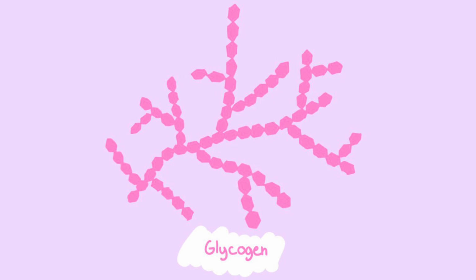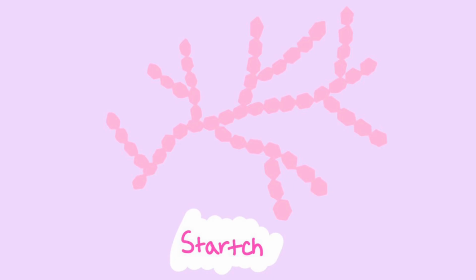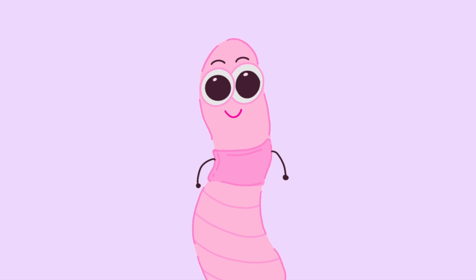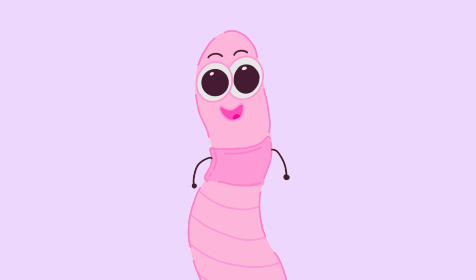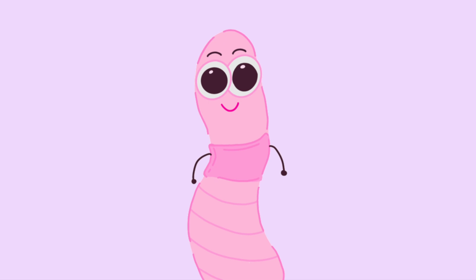Glycogen is found in animals and stores energy for a short period of time. Starch is found in plants and it's able to store energy for a long period of time. These polysaccharides have weaker bonds between the sugars, so they can easily be broken for their energy.